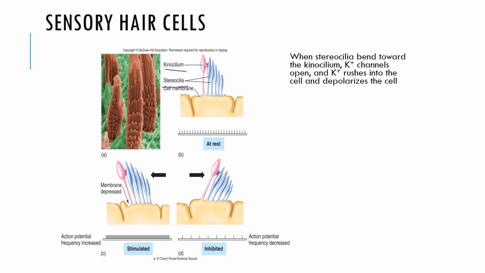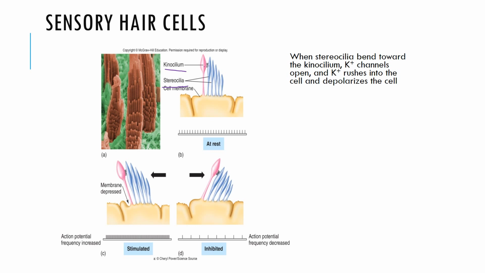And so when they bend, we'll have potassium channels open, and potassium is going to rush into the cell and depolarize it. The cells then are going to release neurotransmitters that depolarize the sensory dendrites in the vestibular cochlear nerve. Typically what we see is that glutamate is the neurotransmitter that is released.